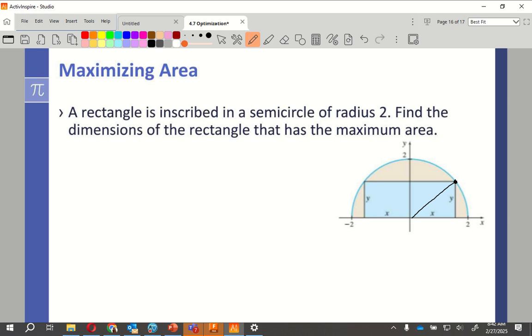So we're going to maximize the area. So let's do the area. The area has to be inside that. So from there, how would I find the area of the circle? Not the circle, I'm sorry, I'll get that one in a second, but the area of the rectangle.